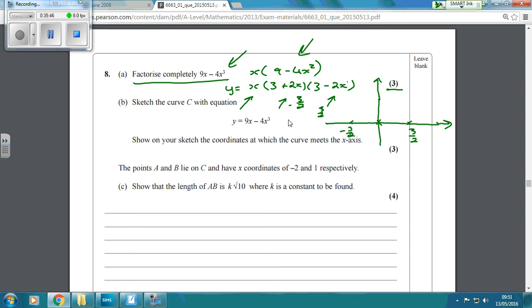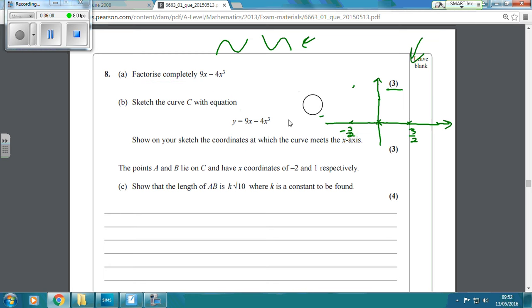And we can see that it's a negative, and this is the bit where people may lose marks. It's the fact that you've got a minus x cubed, which means it's not going to be a normal cubic, it's going to be a negative cubic, so it's going to look like that. So it's a negative cubic, which goes through the x-axis at 3 points here. And again, if you wanted to double check where it goes through the y-axis, you set x equal to 0, and y will equal 0 here.